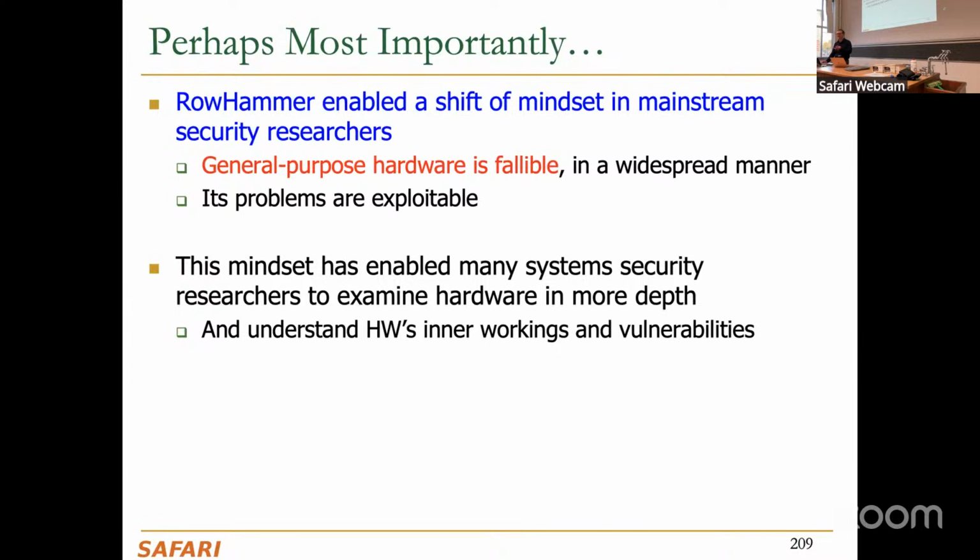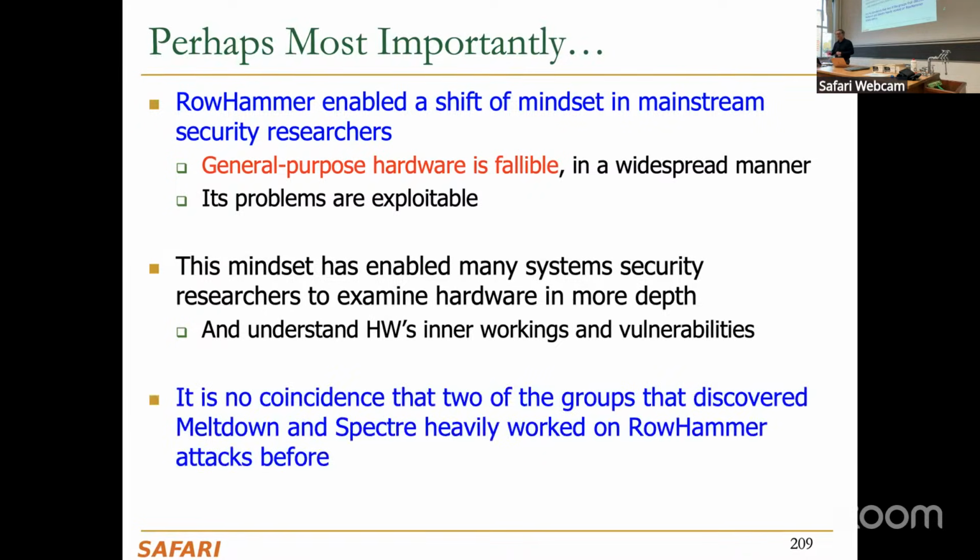These are actually real security researchers who always had a knack for hardware, but they didn't exactly know how the hardware worked inside. They actually studied this, and they discovered other attacks, like speculative execution attacks like Meltdown and Spectre, that we're not going to cover in these lectures. These are side channel attacks that happen because you have caches and speculative execution, and you access data that you're not supposed to access.